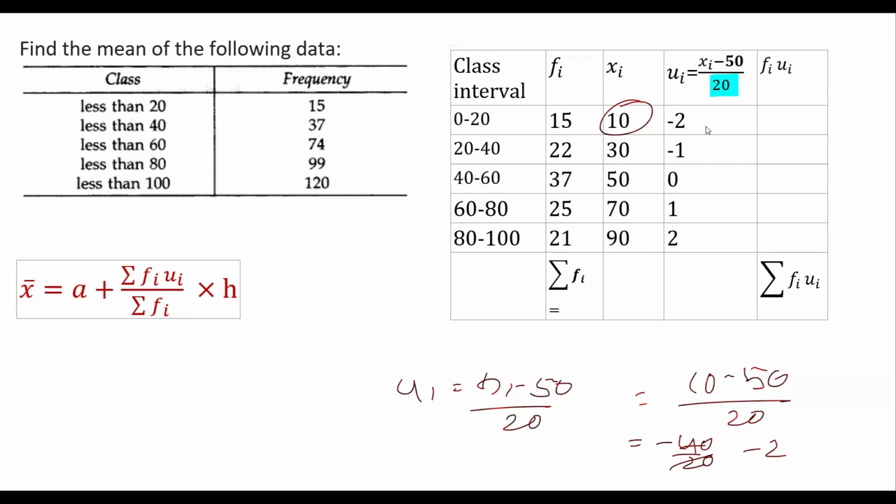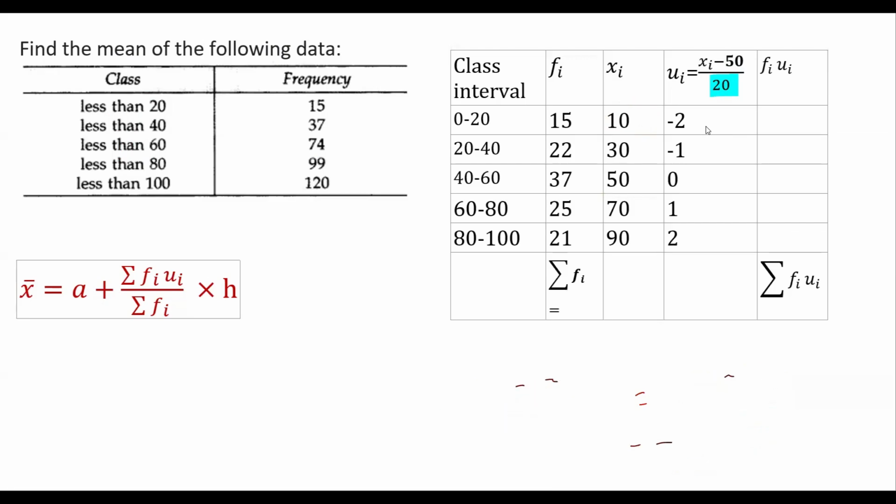Now, once we have got this, the next thing we are going to do is obtain fi ui. From the symbol only, you can figure out it is fi, this column, multiplied by ui, which is this column. So I'm going to get the product of these two.